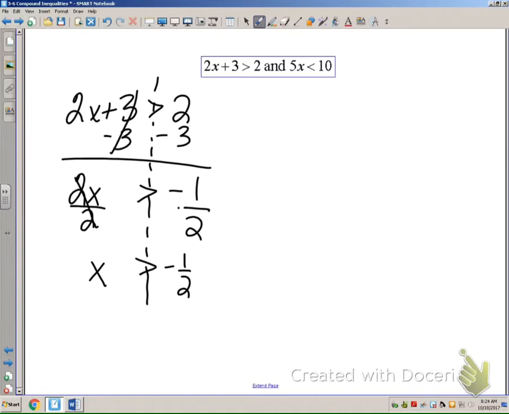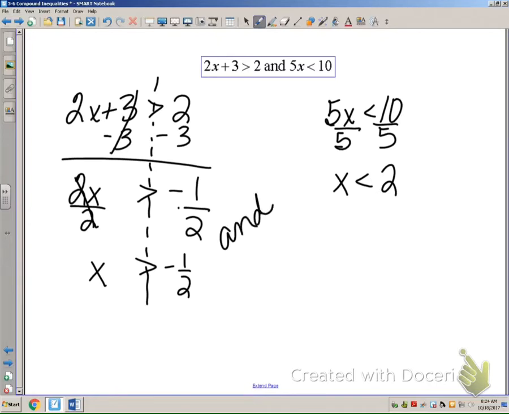Then I've also got this other part that has to be true, this and part. It says 5x is less than 10. So I'm going to divide both sides by 5, and I get x is less than 2. So this says x is greater than negative 1/2, and x is less than 2.